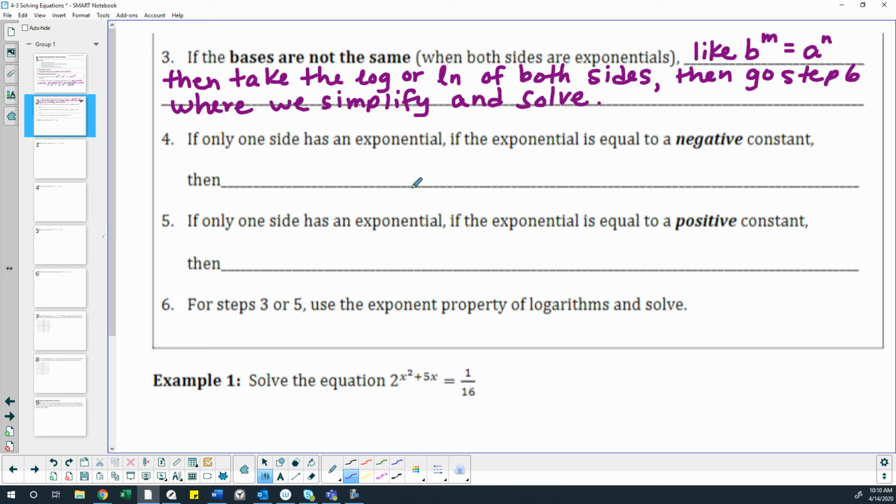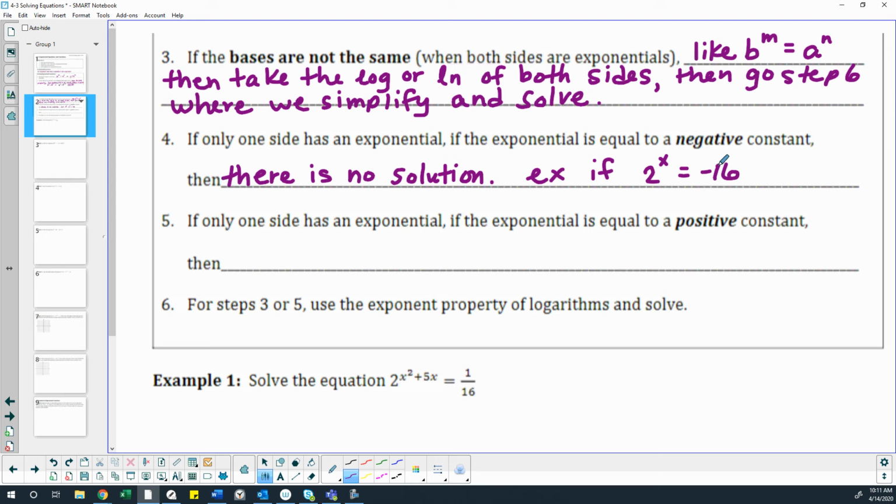If only one side has an exponential, and the exponential is equal to a negative constant, then there's no solution. For example, let's say 2 to the x power equals negative 16.